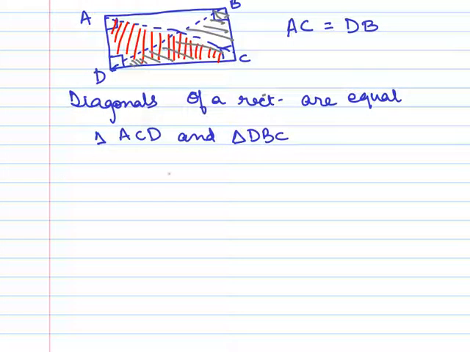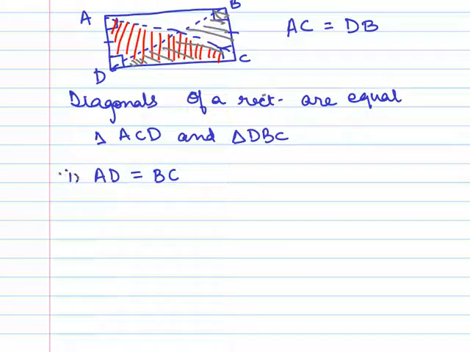we can say that AD is equal to BC, right? Because it is a parallelogram, so opposite sides of a parallelogram are equal.